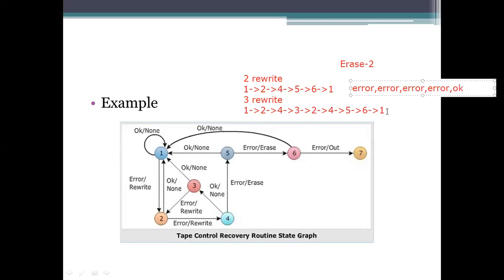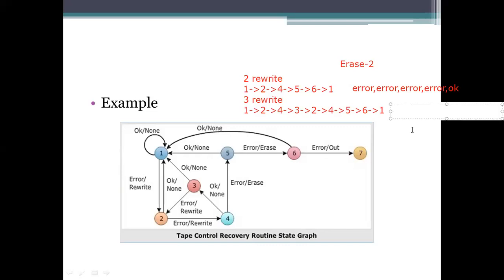And coming to this one, how many transitions are there? We need to place error here, but in this one 1 to 2 is error, 2 to 4 will have the error, but 4 to 3 has the okay, and again error, that is 4 to 2, 2 to 4, 4 to 5, 5 to 6, and then 6 to 1, which is okay.